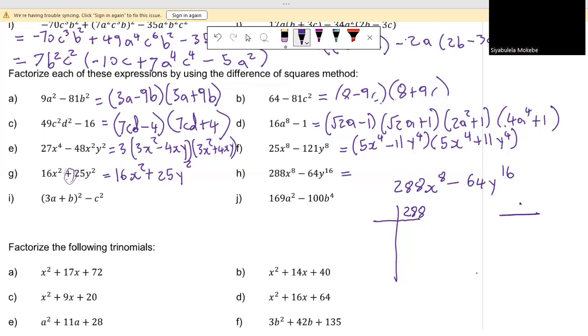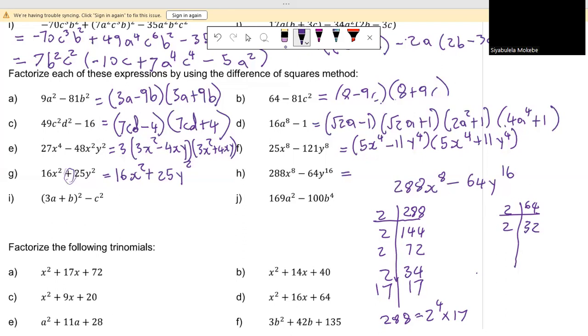288 and 64. So 288 is 2 to the 4 times 17. Then 64 is 2 to the power of 6.